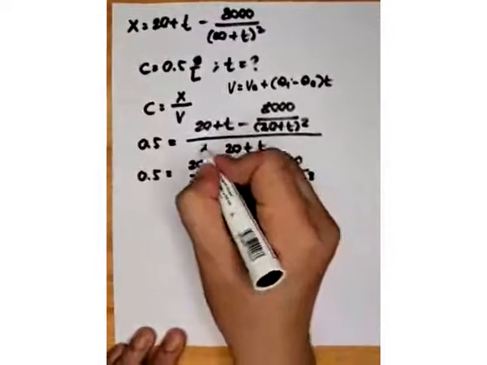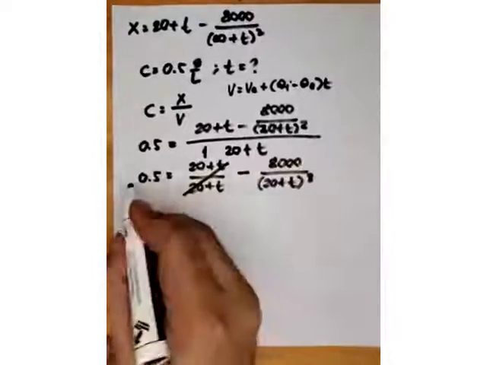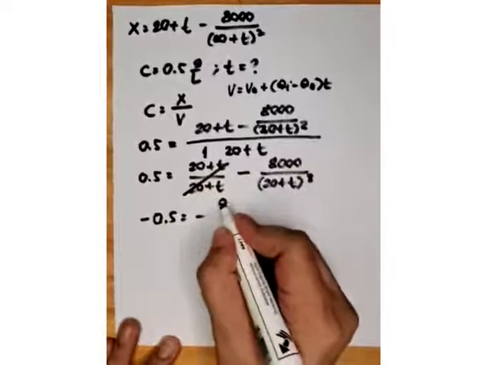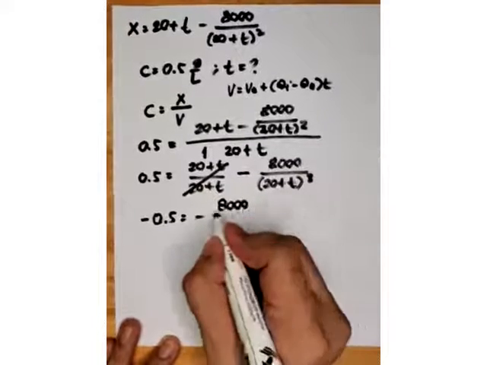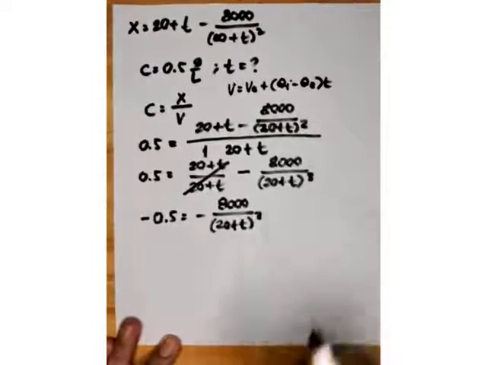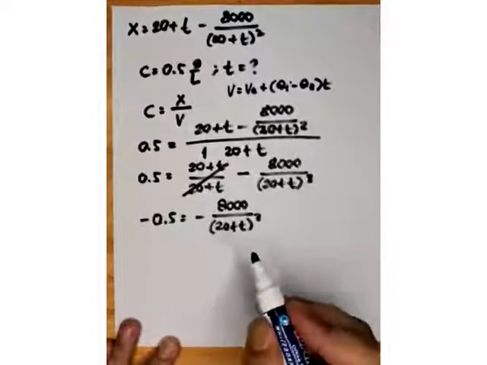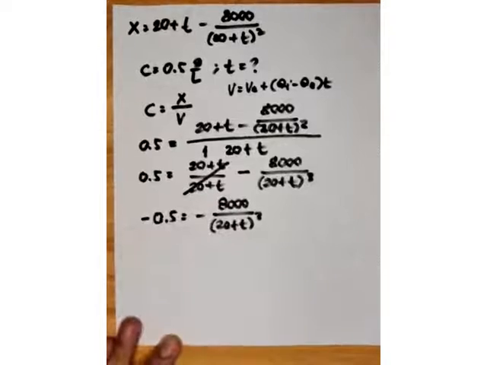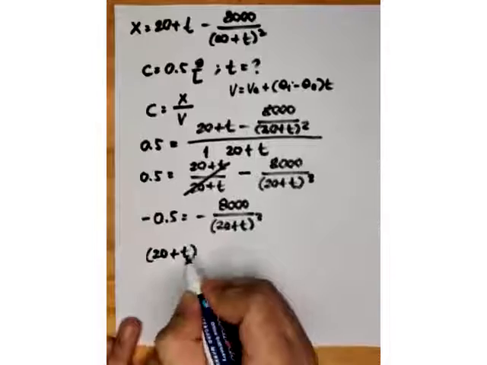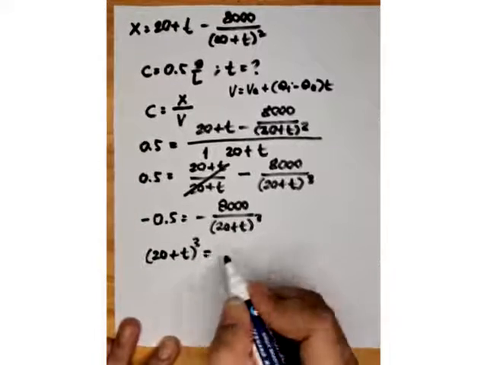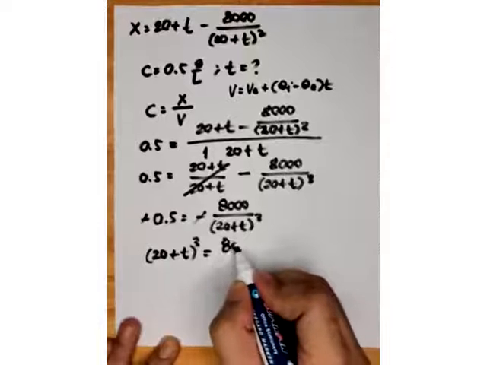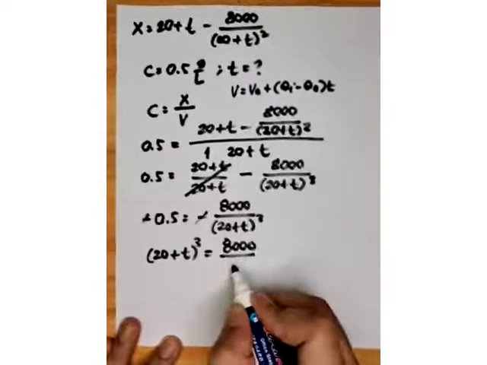Cancel. So this will be 1. So the transpose natin. So magiging negative 0.5 is equal to negative 8,000 over 20 plus T cubed. Ayan. And then we cross multiply. So 20 plus T cubed is equal to, cancel na natin negative, 8,000 divided by 0.5.